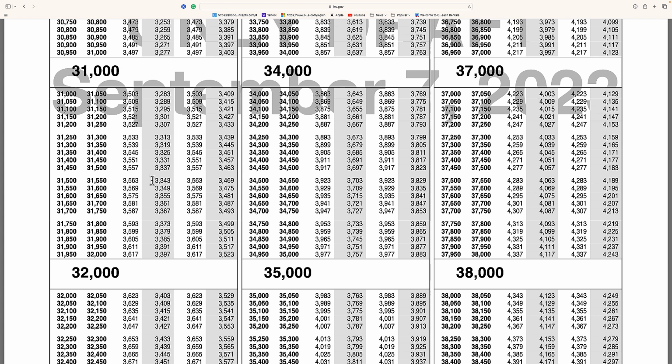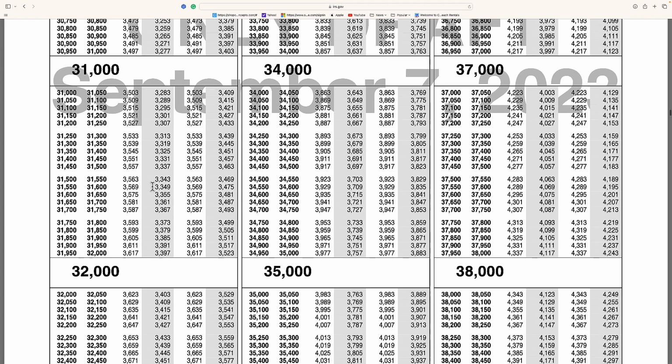So we have to write this down of $3,343, and that's the taxes that you're going to owe by taking out the additional amount. So we're going to pop back again to the form, and we're going to put this in our spreadsheet and see what it turns out to be.